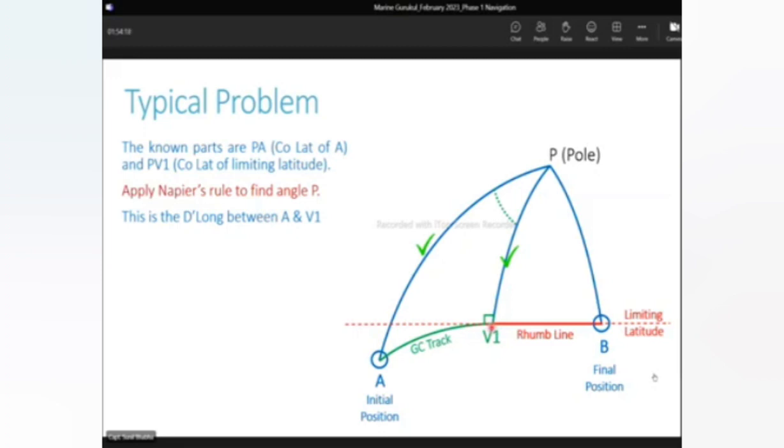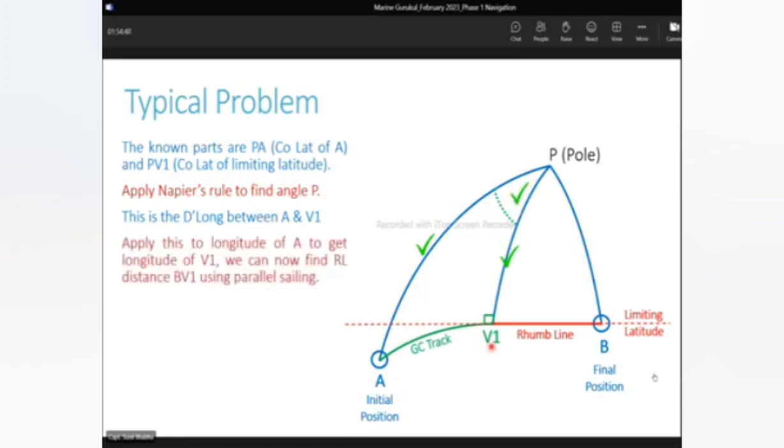As soon as we have this D long, we can apply it to the longitude of A, which is our initial position. The lat long of the initial position is provided to us. As you apply this D long to the longitude of A, it gives you the longitude of vertex 1.